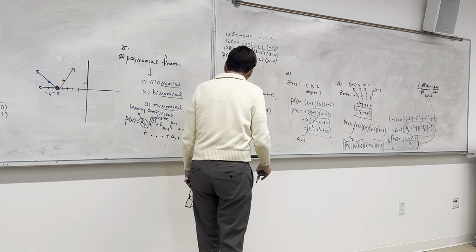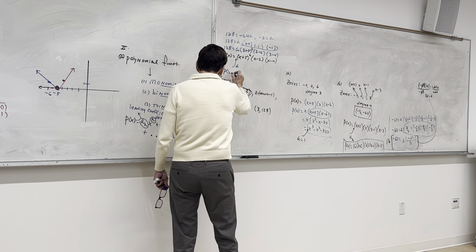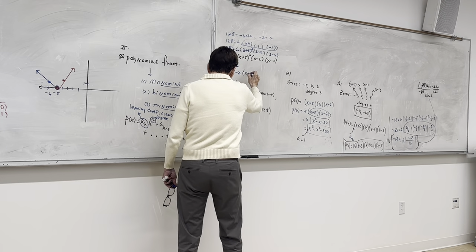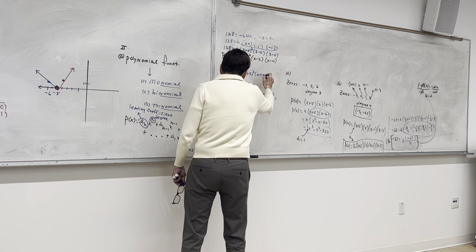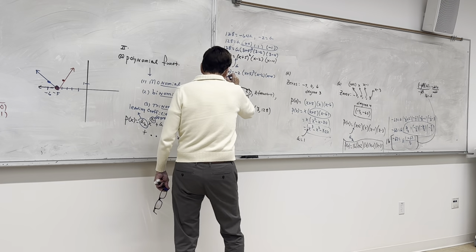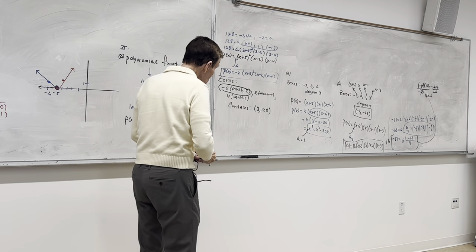Therefore, you go back and say, Professor, now write your answer as P of X. The leading coefficient, negative 2. Of course, everything else stays like it is. And we are finished. There's my polynomial function.